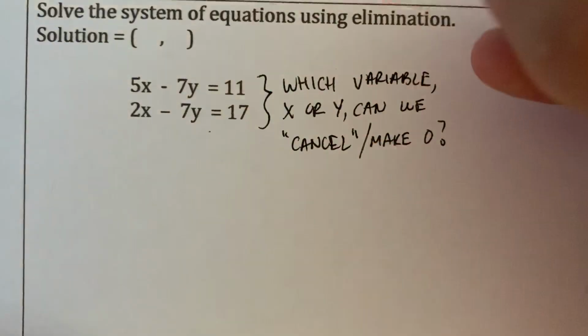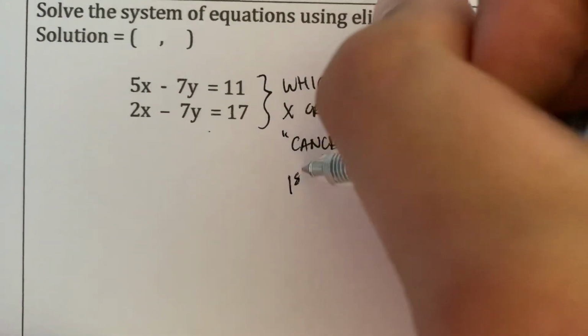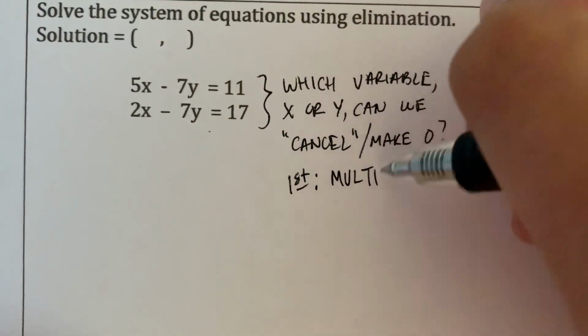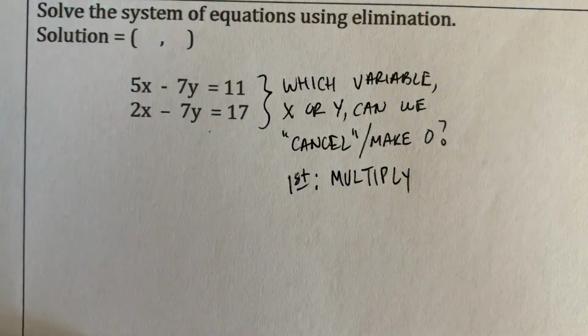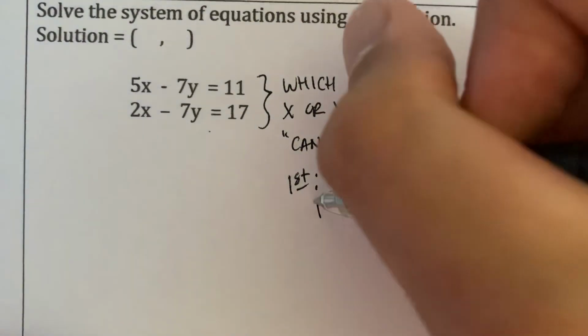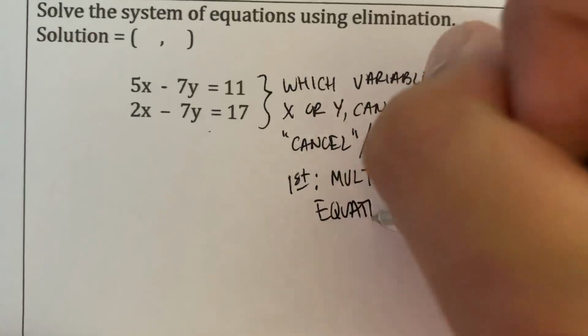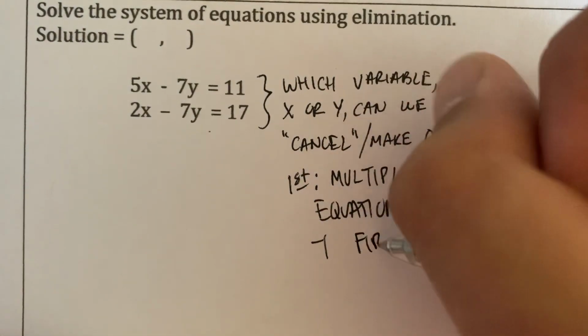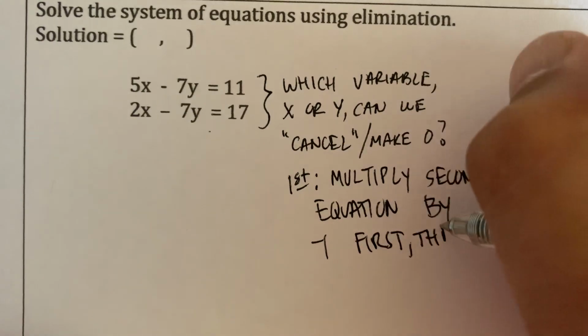Since these are the same sign, what we have to do first is multiply the second equation by -1, then add together.